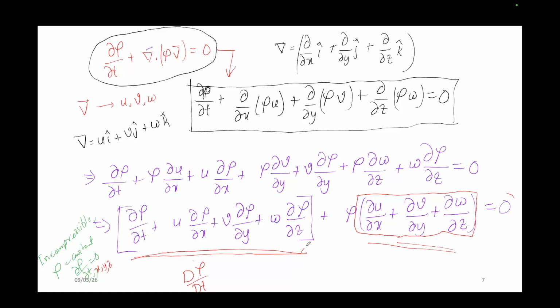This whole term is known as the total derivative, so just remember this name, though it is not that necessary. So in case of an incompressible fluid, what should the total derivative be, Ayush?